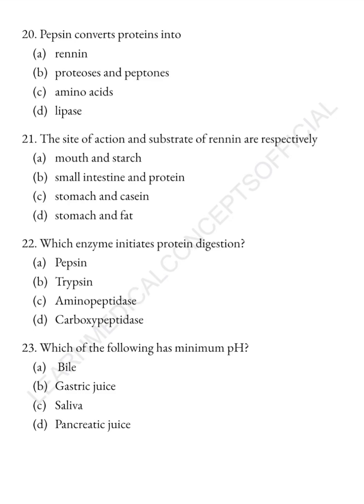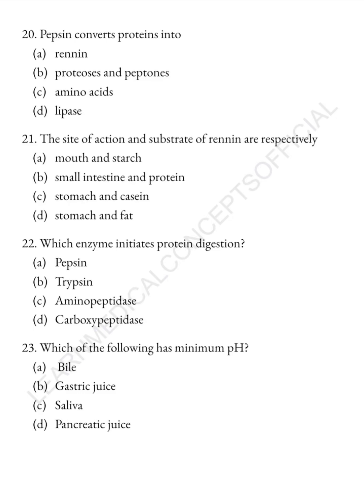And the correct option is option C, stomach and casein. Just have a look at this. In the stomach, the renin acts on the casein and converts it into paracasein. In the presence of calcium ions, the paracasein is converted into calcium paracaseinate, ultimately leading to milk coagulation.